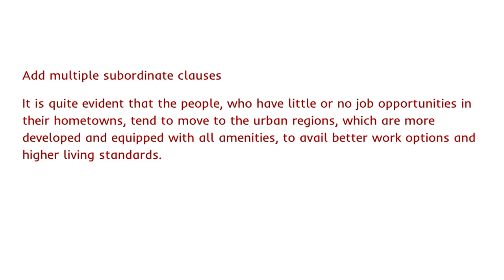For example, it's quite evident that the people, comma, who have little or no job opportunities in their hometowns, comma, here the relative clause is closed, tend to move to the urban regions, again comma, so we are now describing the urban regions, which are more developed and equipped with all amenities, again comma, to avail better work options and higher living standards. So this is quite a complex sentence. It's a good level of complex sentence which you can use in your IELTS exam.